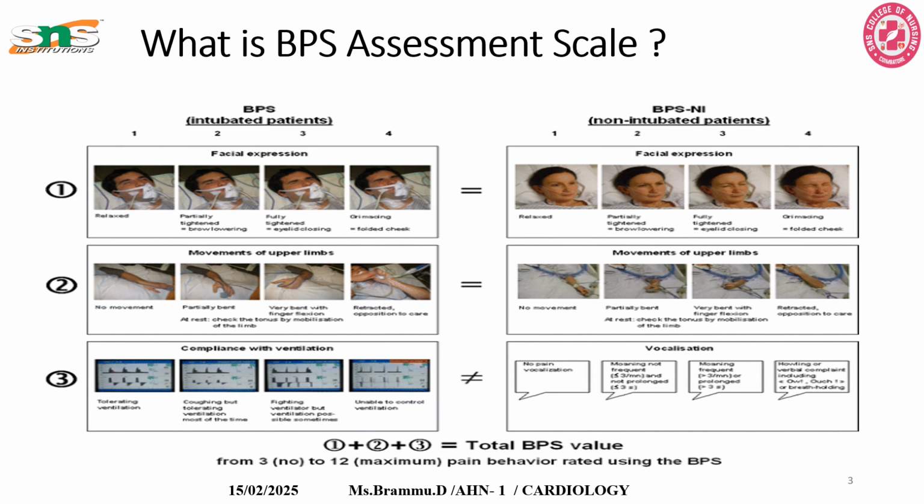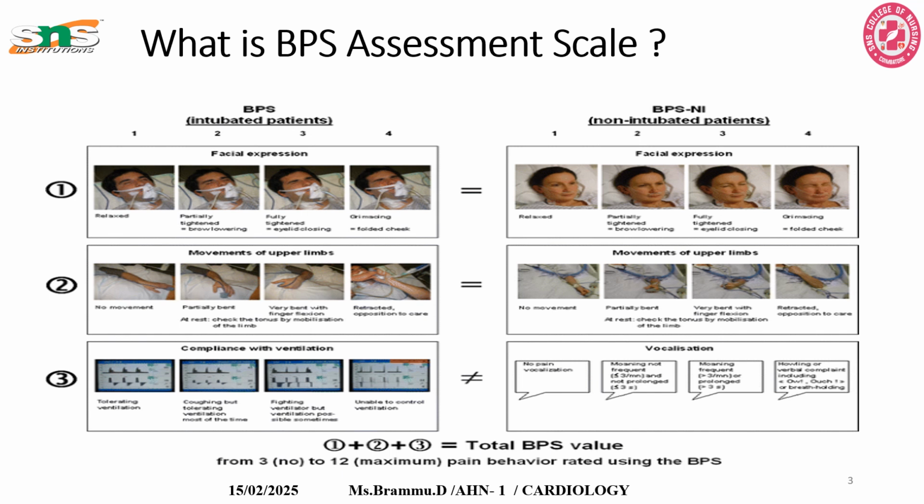If the patient has bending of the arm along with finger flexion, then the score is raised a little higher, that is 3. And in case the hands are totally retracted, in opposition to the calf, that shows that the patient is in severe agony pain, and the patient is going to have a score of 4.